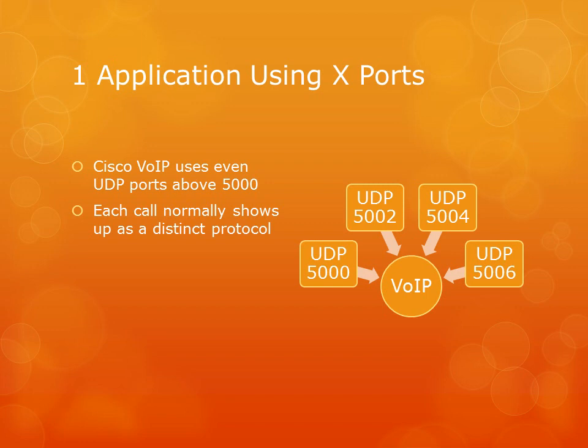Now, since NFA classifies every conversation by TCP port or UDP port number, every single phone call would show up as a distinct protocol. There are problems associated with tracking that many different protocols.